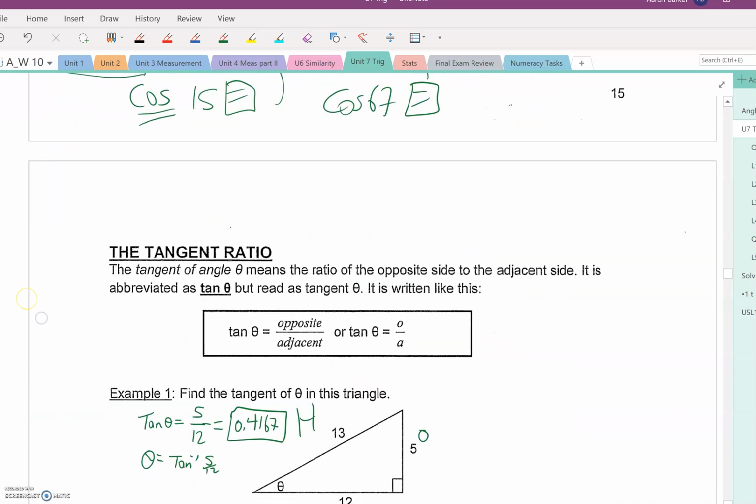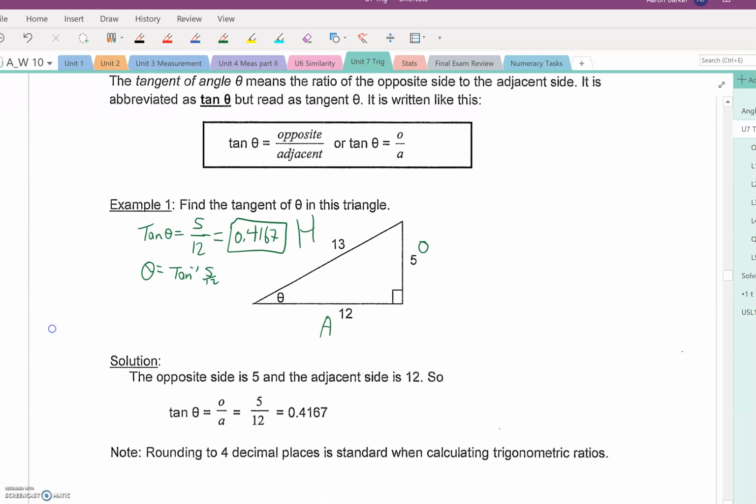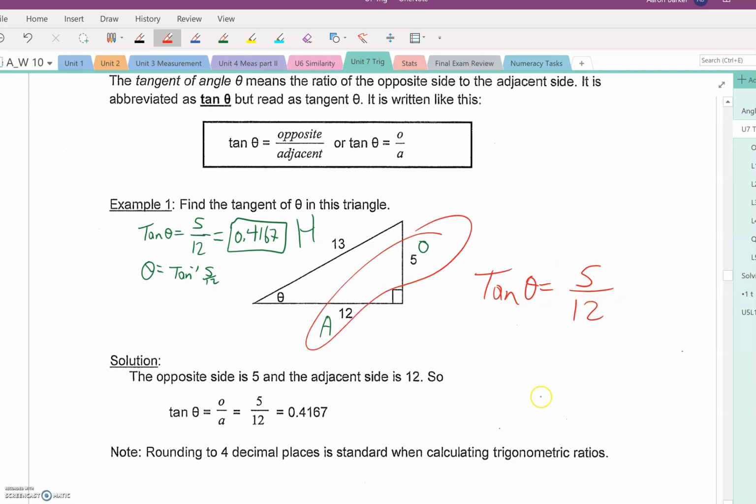Then after cosine, you have the tangent ratio. Again, the first step is label your HOA, and then you go find your ratio. Tan theta equals opposite over adjacent, so 5 over 12. You're using those two sides. Then that's simply 5 divided by 12.